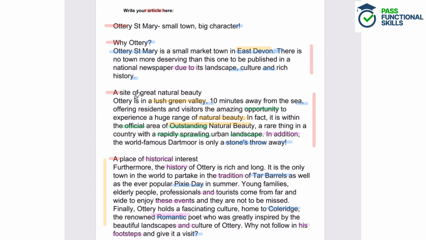It's also suited to the audience. So we're writing for a national newspaper and we've got a general audience of newspaper readers. So because it's a general audience, not a specific group of people, it attempts to persuade everybody. So we mentioned that young families, elderly people, professionals and tourists come from far and wide to enjoy these events.